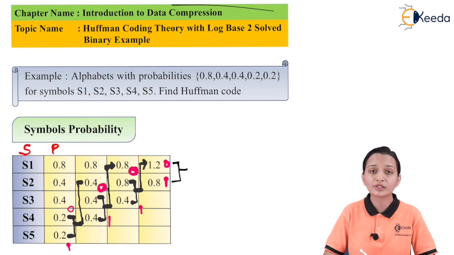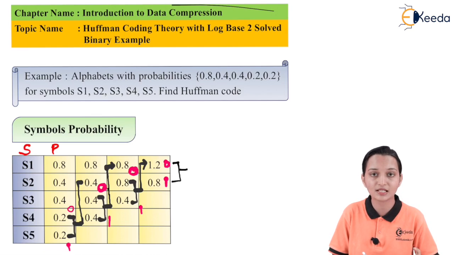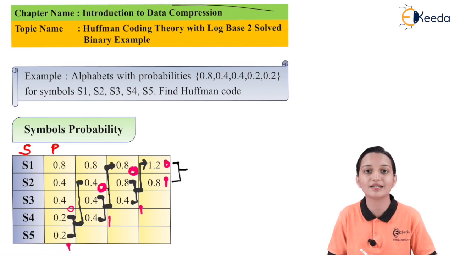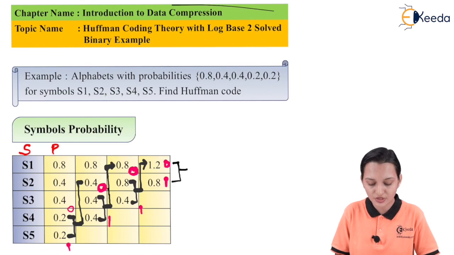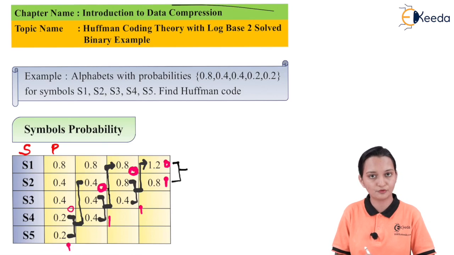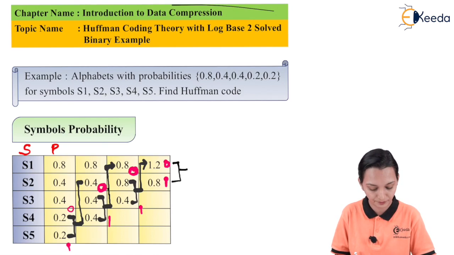So in the first column we have to write all symbols. In the second column write all probabilities, but keep in mind probabilities must be in descending order. Fortunately in the given example all the probabilities are in descending order, so write them down as it is. If not, you have to arrange them with respect to the proper symbol.